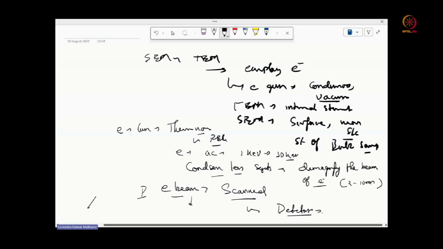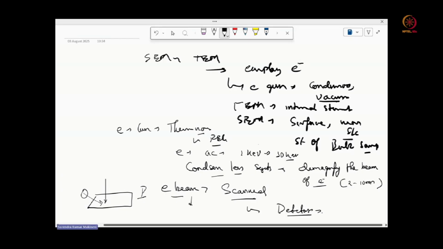So whenever a beam falls on a particular spot, the total number of electrons coming out of the sample surface from that spot is detected by the detector.